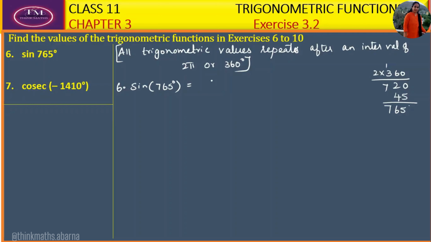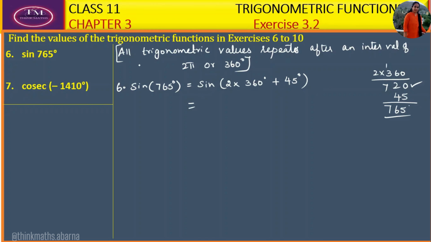So this value can be written as sine of 2 into 360 degrees plus 45 degrees. Okay, because 2 into 360 is 720. If we add 45, we will get 765 degrees. So 765 can be written like this.